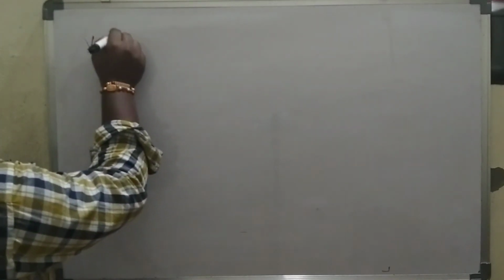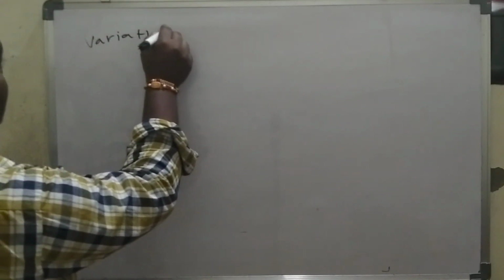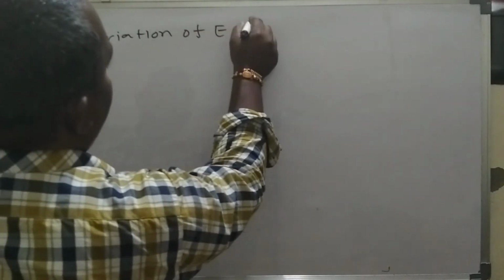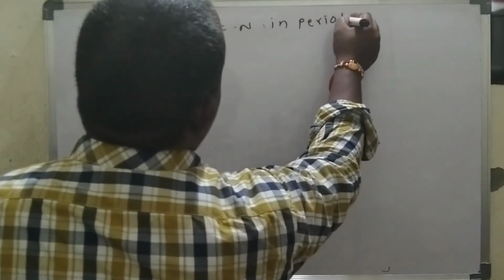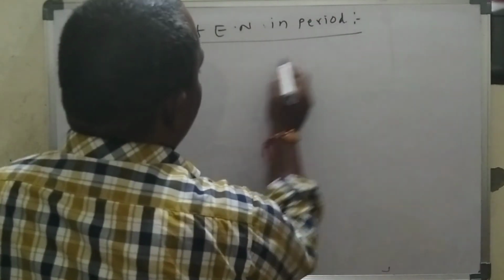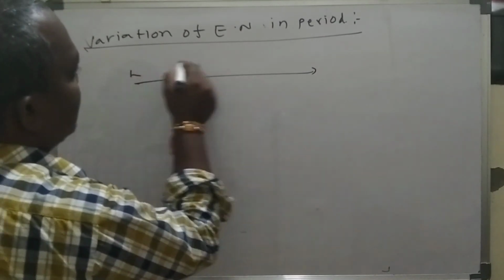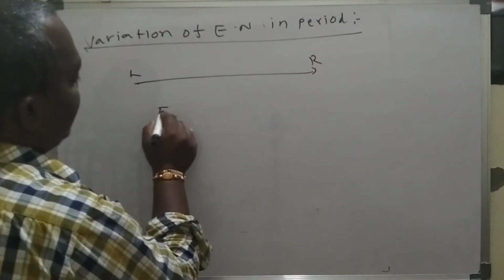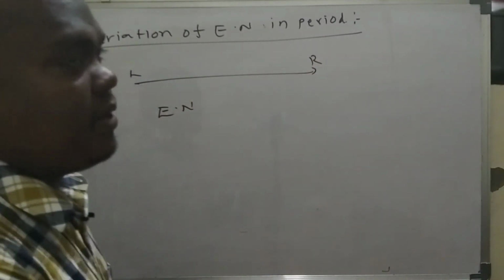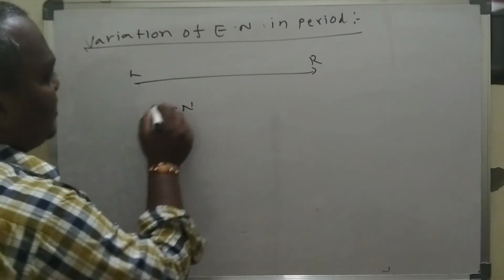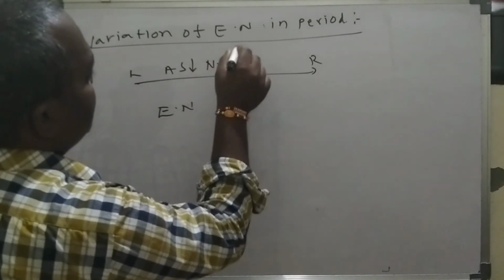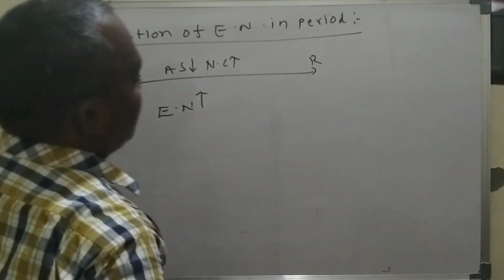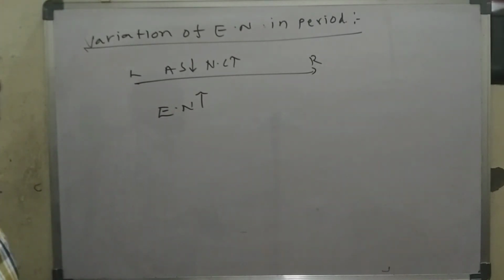Next one is variation of electronegativity in the period. A period is nothing but from left to right. Generally from left to right, atomic size decreases, nuclear charge increases, then finally electronegativity increases.